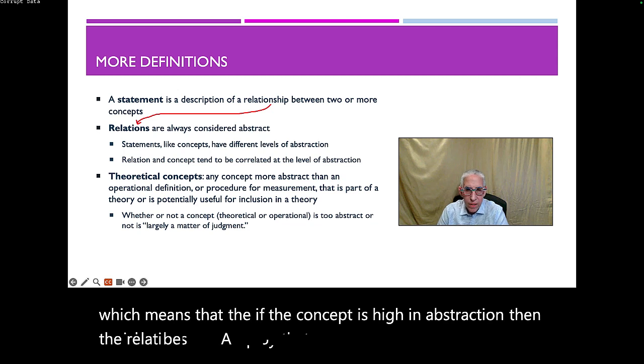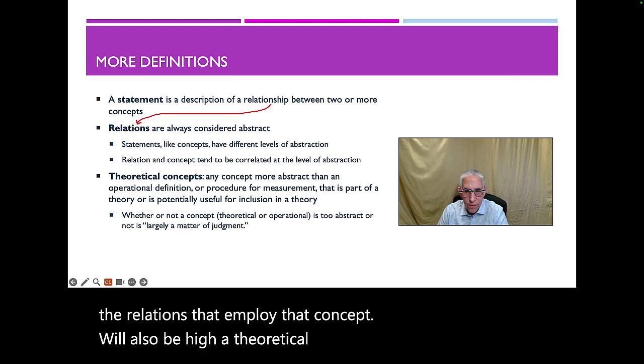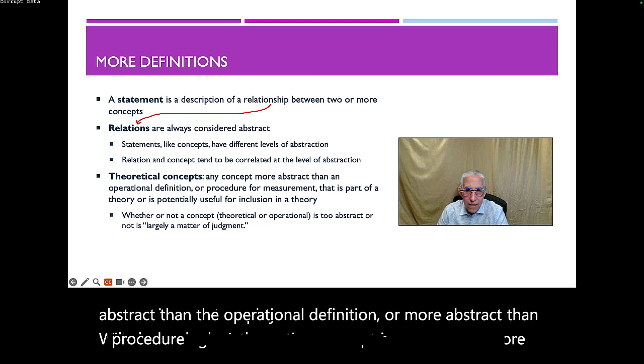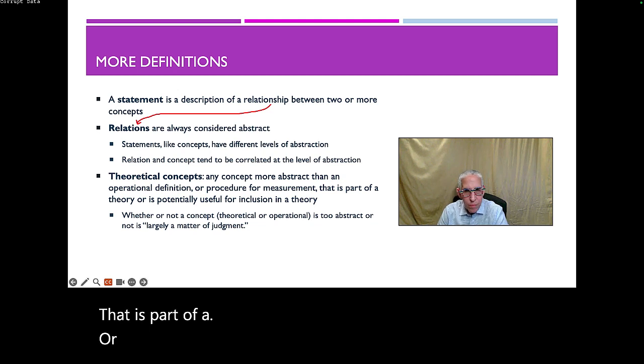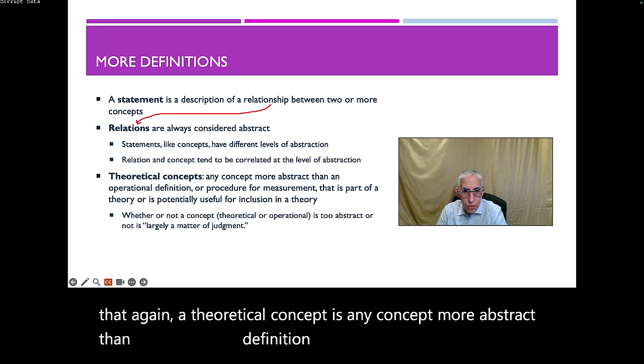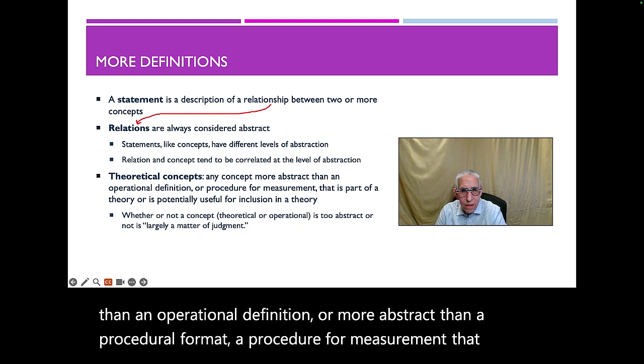A theoretical concept is any concept more abstract than an operational definition, or more abstract than a procedure for measurement, that is part of a theory, or is potentially useful for inclusion in a theory. So let me say that again. A theoretical concept is any concept more abstract than an operational definition, or more abstract than a procedure for measurement, that is a part of a theory or is potentially useful for inclusion in theory.